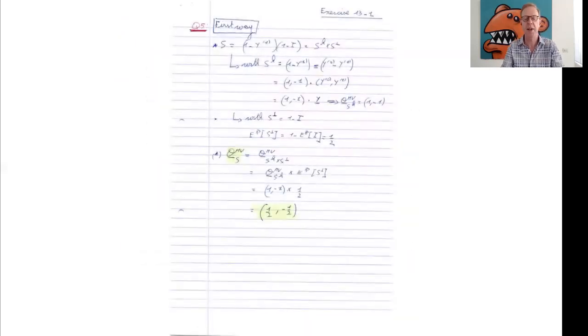The mean variance hedge of S, we can calculate it in different ways. Let us have a look at the first way. So S is 1 minus y1 multiplied by 1 minus I, or we can write this as S^h multiplied by S orthogonal, with S^h being 1 minus y1. So that's y0 minus y1.